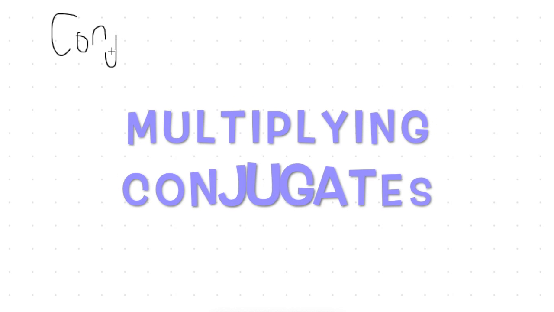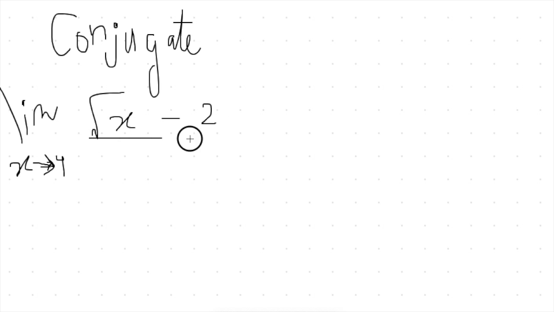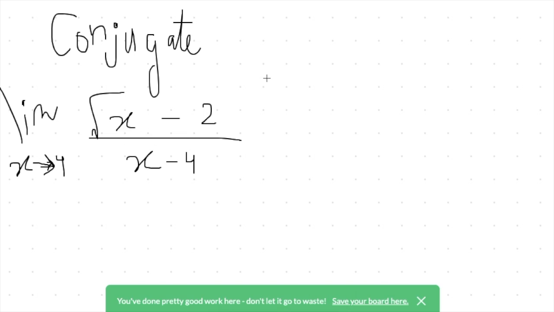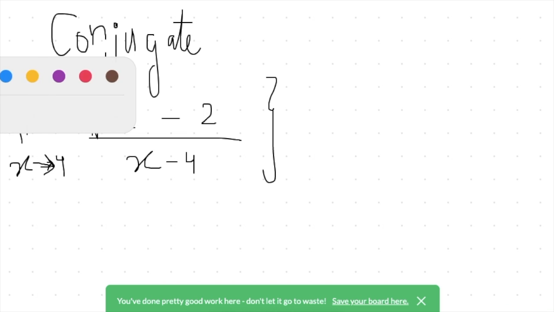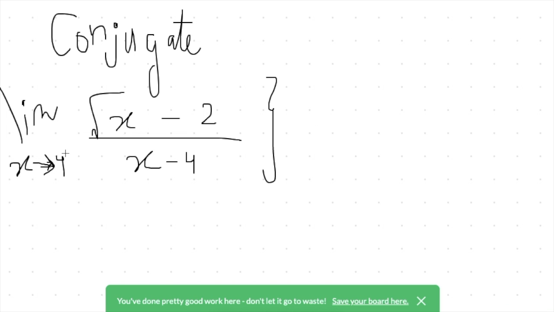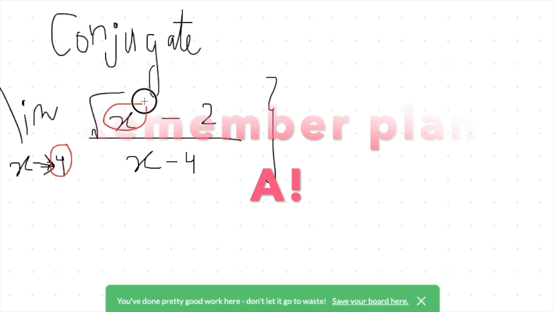The next method we're going to be using is the conjugate method. The example we're going to try here is the limit as x approaches 4 of square root of x minus 2 over x minus 4. Well, our first plan is always to just plug in x equals 4 everywhere there's an x.